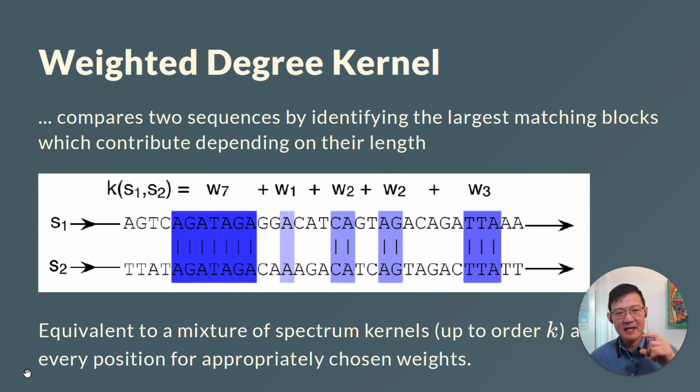You weigh the blocks differently according to their length: longer blocks are rarer, so you want to give them more weight. You can think of this as the spectrum kernel, just the k-mer counts, but copied for every possible position and weighted by the length of that spectrum.